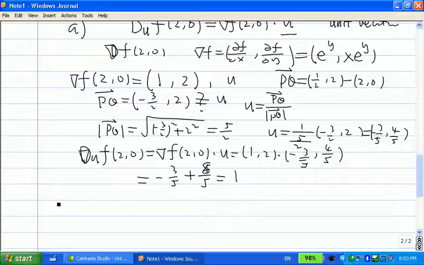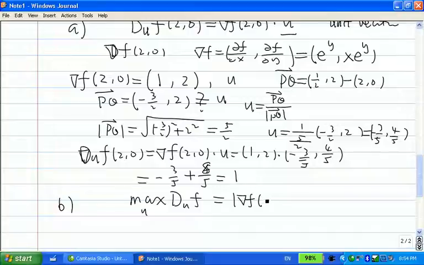Now question B. What is the maximum rate of change? Remember we said that in general the maximum rate of change, over all u, is the magnitude of the gradient of f.